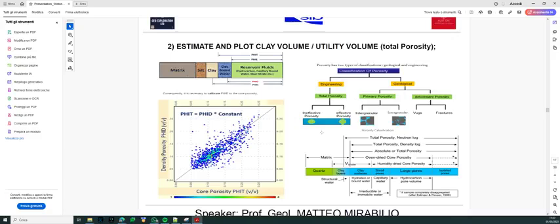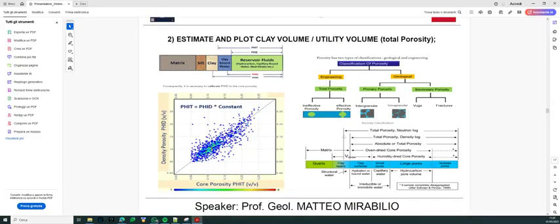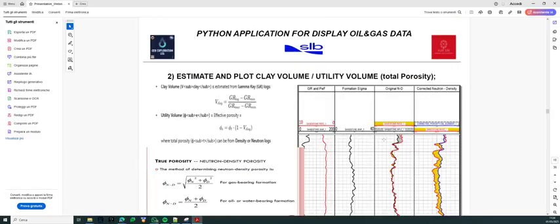But for engineering applications, we generally use total porosity, which means effective porosity and ineffective porosity. The total porosity is generally well estimated by neutron log and density log, the common log techniques used to make this kind of analysis.